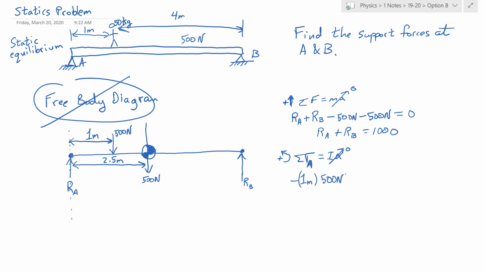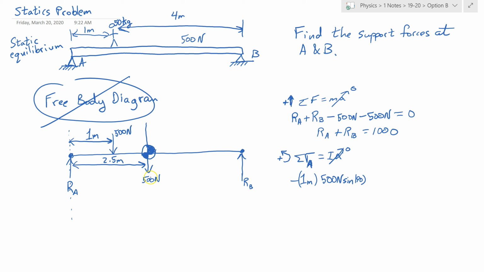And it depends on which method you're using to calculate torque. But let's say you're using just the formula with sine theta. Theta here would be 90 degrees, because this would be the r vector, that would be the force vector. That's 90 degrees. So I don't even have to write it, but I will these first 2 times.